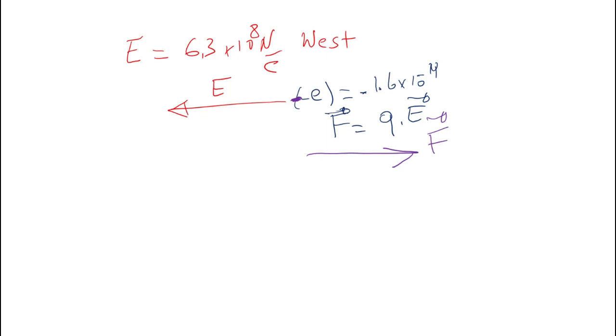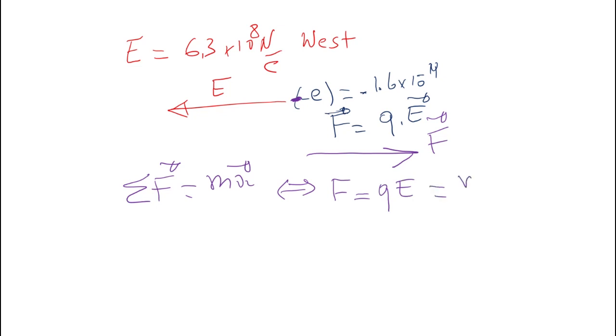Now we need to find the acceleration. Do you remember when we studied Newton's law in physics 1025 and 2048? We said the net force applied on an object is the mass of the object times its acceleration. In this case, we have the electric force, which is the charge times the electric field. It will be the mass of the electron times its acceleration. The acceleration of the electron will be the charge times the magnitude of the electric field divided by the mass.